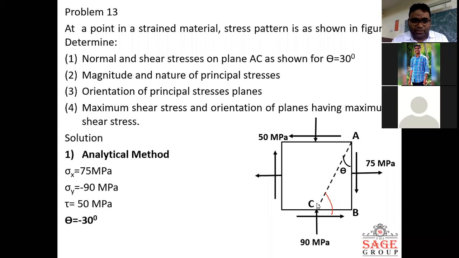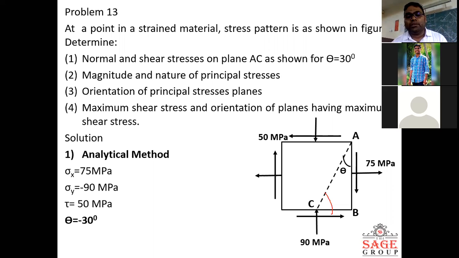Or, alternatively, you can write 90 minus theta and put the 90 minus theta in the respective places. That can also be done, it doesn't matter. Now this numerical we will solve by using two methods. One is the analytical method, which means we use the simple formulas we derived in the previous classes.